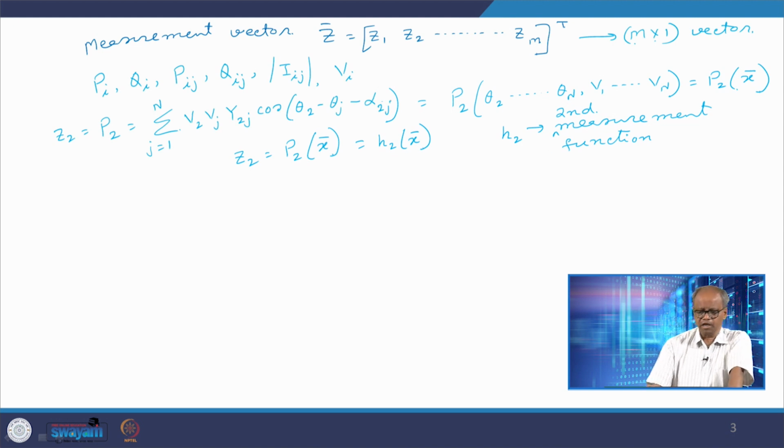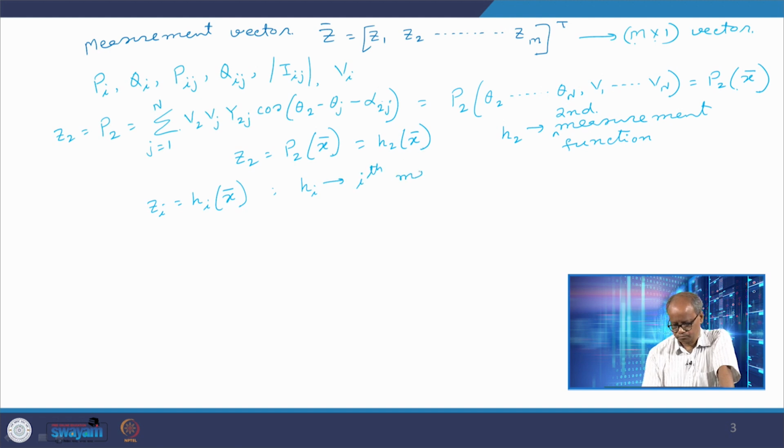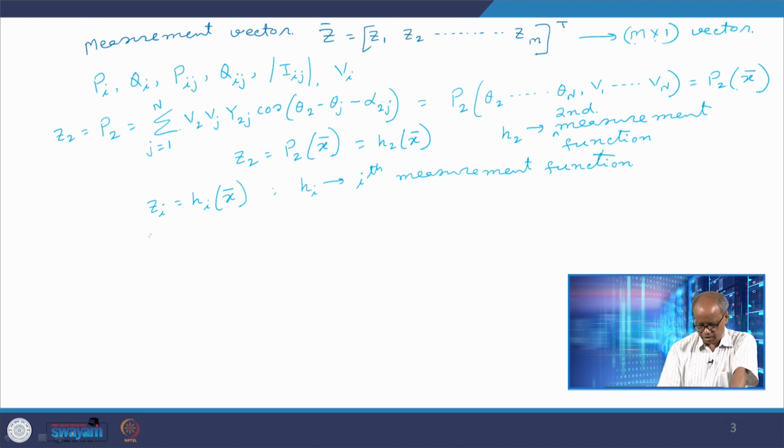Similarly, for every measurement I can say that z i would be some corresponding measurement function h i, all of which would be functions of x. Here h i is the ith measurement function. So, now what do I have? I have this measurement z i equal to h i of x, but this measurement model is the ideal case.